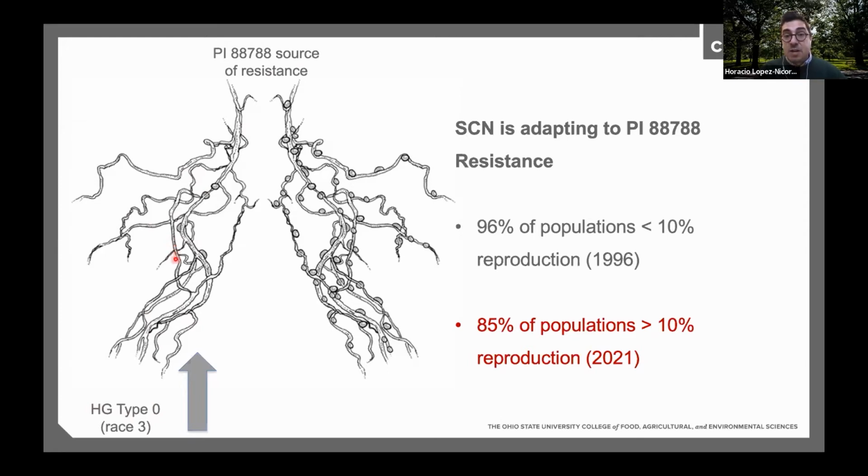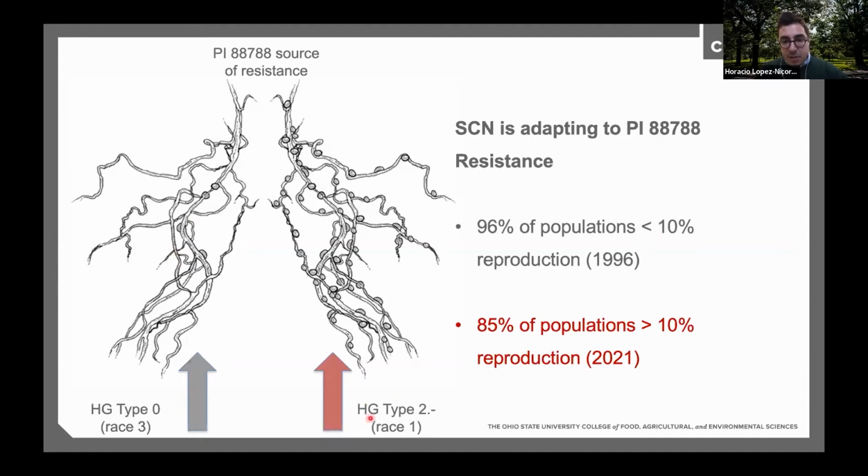The nematode could not reproduce, or if it did reproduce, it reproduced below 10% compared to a susceptible soybean. However, you can imagine for over 30 years, using the same source of resistance just exerted this selection pressure on the population of the nematode, shifting its virulence.